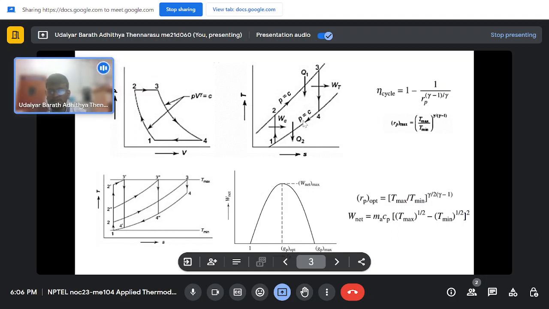Here, to increase the work output or to reduce the compressor work, you can adopt intercooling, and reheating in the expansion stage. So you have to go from a single stage to multiple stages.